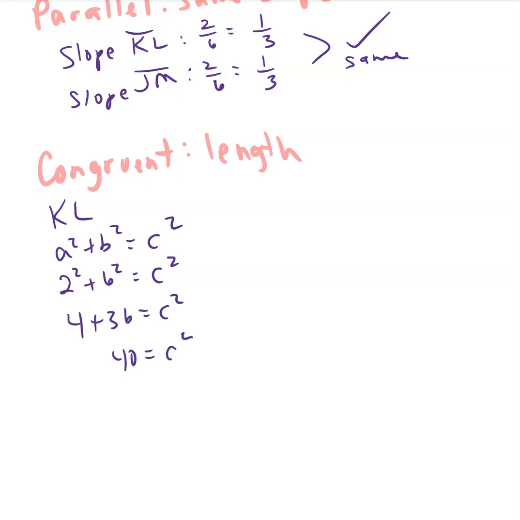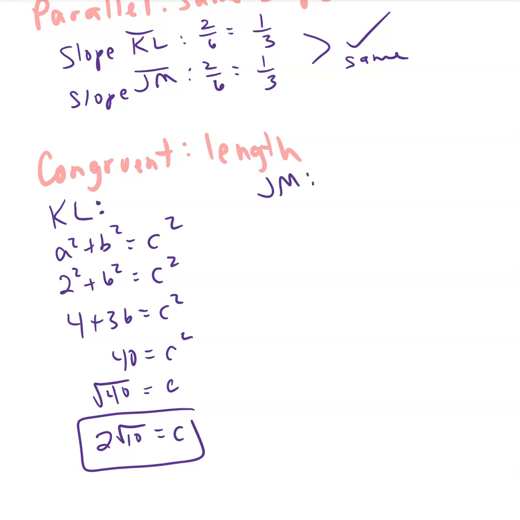So C squared is 40, so C is equal to the square root of 40. Now that has a factor of 4 in it, so it simplifies to 2 times the square root of 10. So here's our length of KL. Be sure you identify what you're finding.